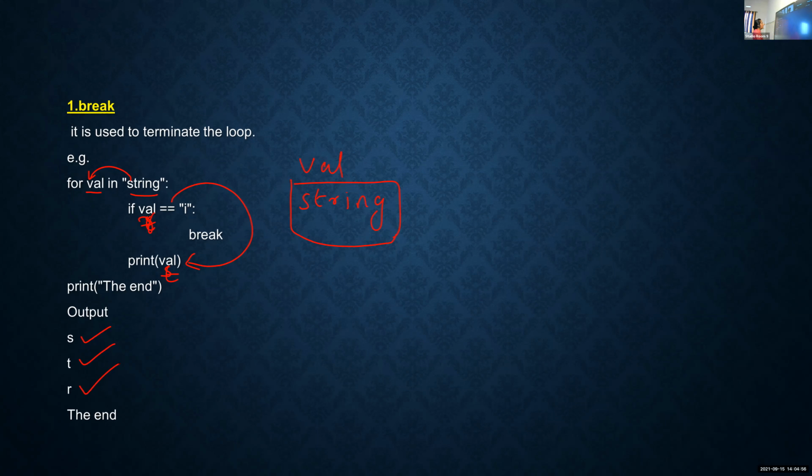After that, Renil, continue. Which is the next value of val after R?